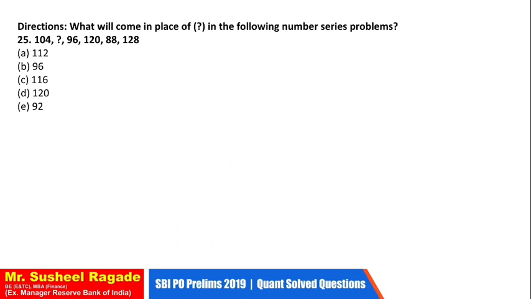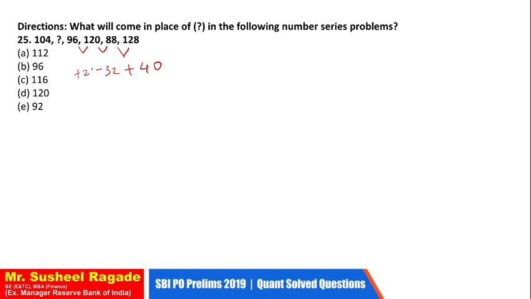Question number 25. Here it's a missing number in between numbers, so sometimes it will become difficult. So now first what you have to do is make the difference. So this difference is plus 40, you are adding 40 here, here it is minus 32, here it is plus 24.